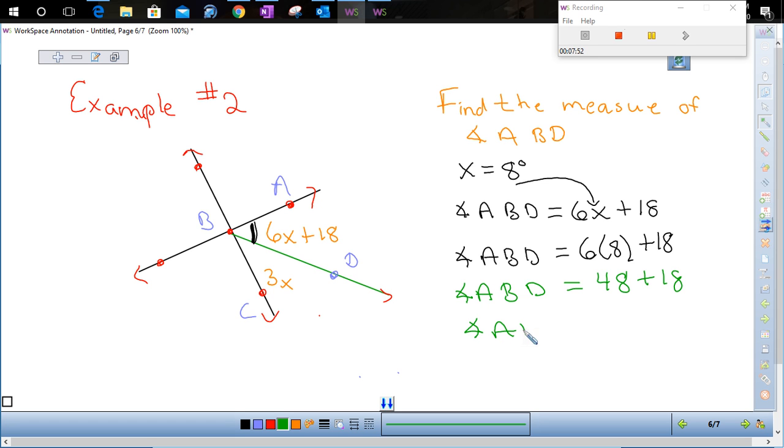So angle ABD is equal to 66 degrees. Okay? Not too difficult. We just took it one step further. So to find the actual measure, we took what we found in our previous calculations and substituted it in.